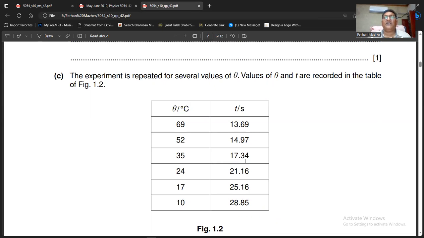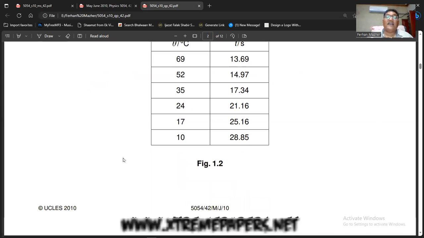At 37, it takes 17.34 seconds. At 24 degrees centigrade, it takes 21.16 seconds. At 17 degrees centigrade, the oil takes 25.16 seconds. And at 10 degrees centigrade, it takes 28.85.